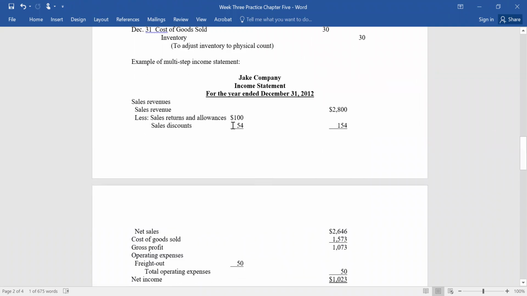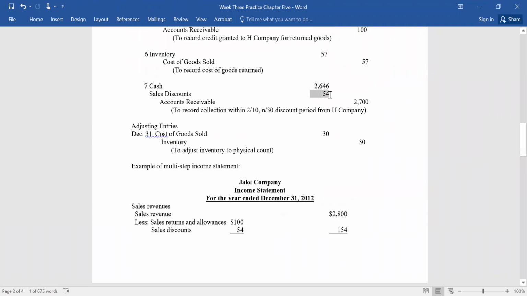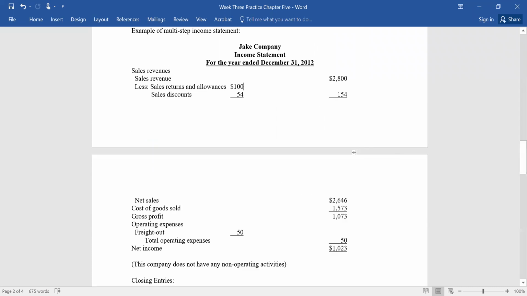And then we have that sales discount of $54 when they paid it, which was right here. So if we add the $100 and $54 together, it's $154. So the net sales is the $2,800 minus the $154. It is $2,646. Next, we have our cost of goods sold.